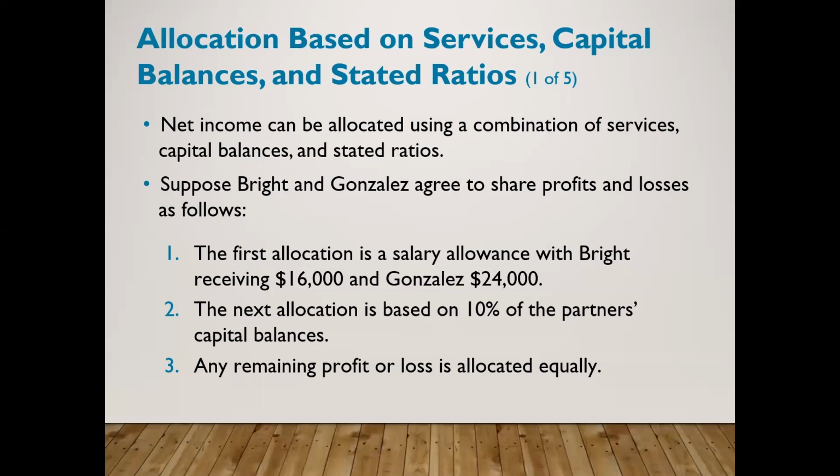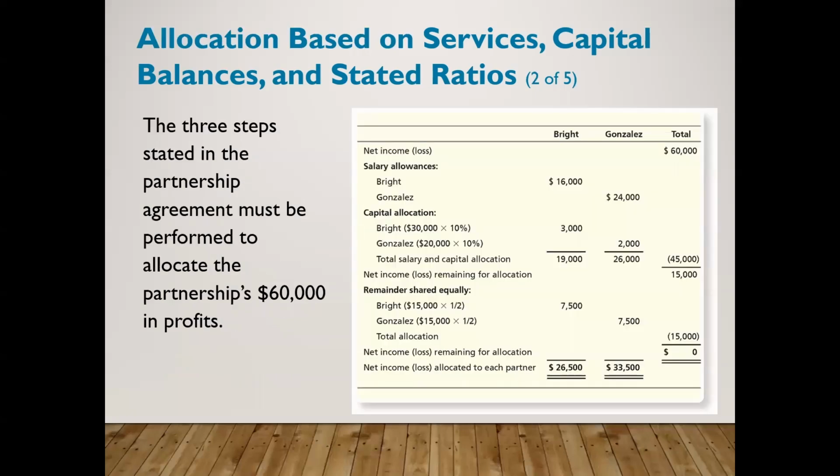Now, one way to reward a partner who provides services to the partnership is by offering a salary allowance called a guaranteed payment, in addition to an allocation based on capital. As the partnership agreement specifies 3 steps, all 3 steps must be performed whenever the partnership allocates profits or losses.